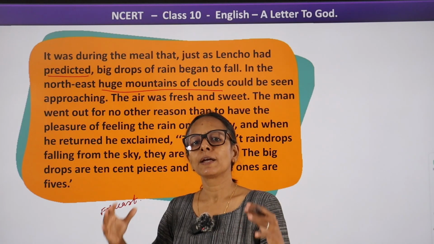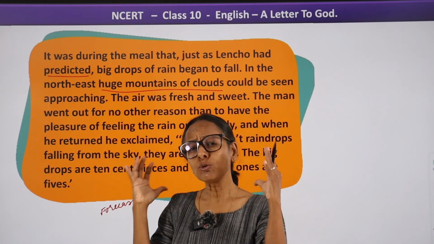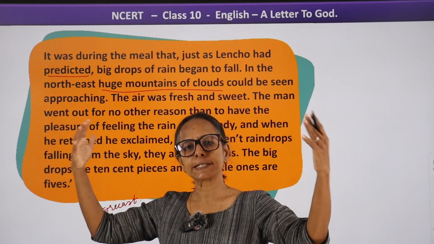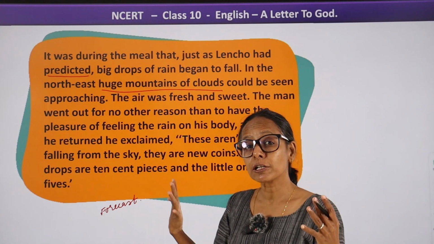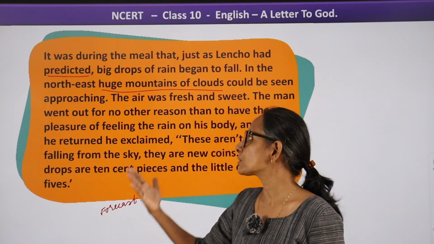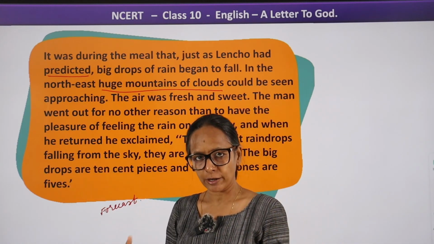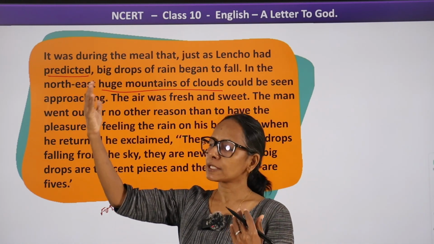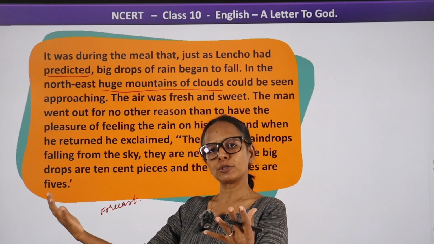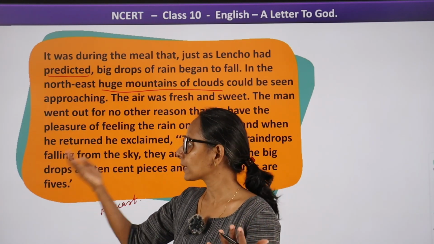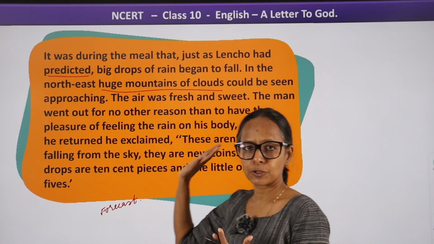It just means in the northeast direction there are huge clouds the size of mountains, though it's really heavy size, big clouds are coming up, could be seen approaching. Approaching means to arrive. So in the northeast direction where Lencho was looking for rain, he could see big clouds coming. The air was fresh and sweet.